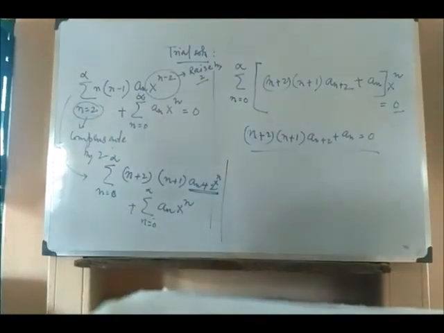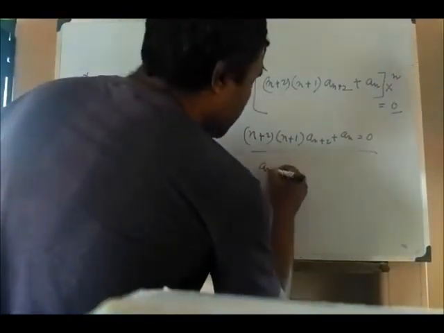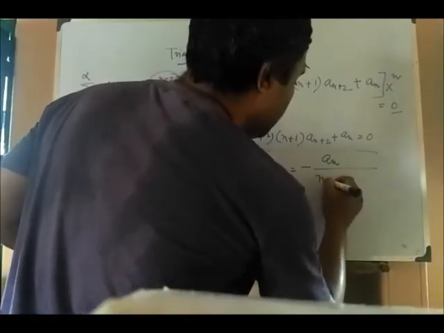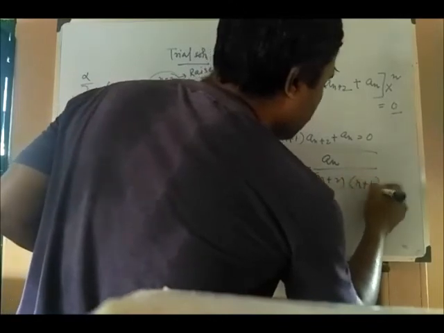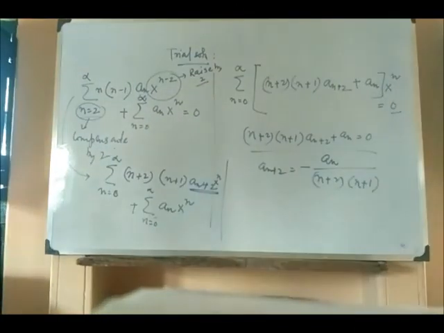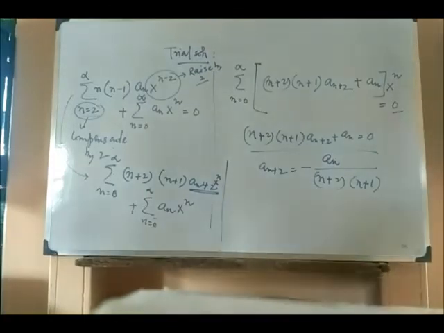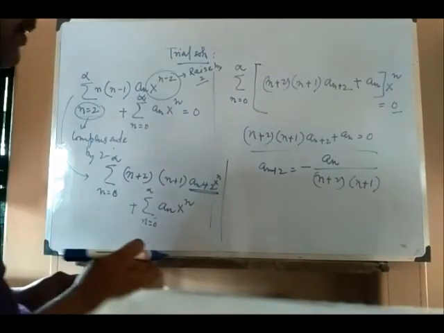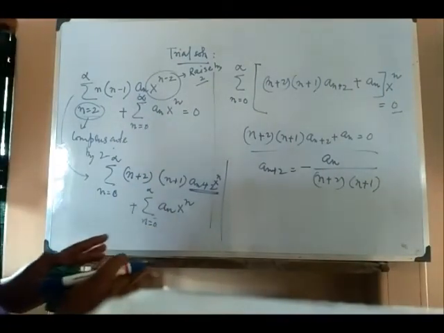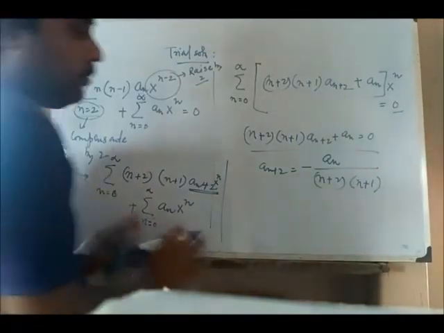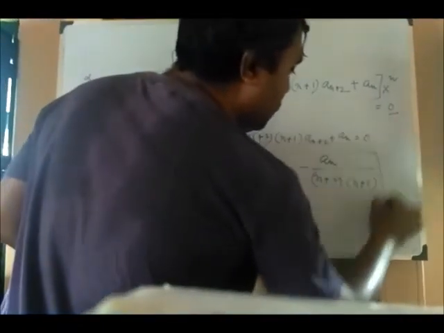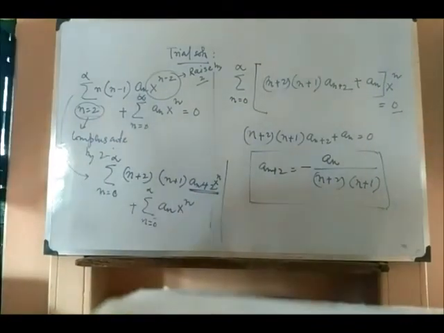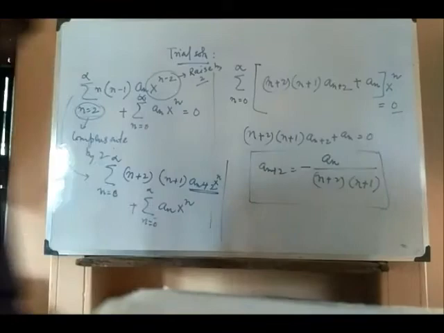So a_{n+2} can be written as minus a_n divided by (n plus 2)(n plus 1). We are reaching a very crucial point where we have a good relation between the coefficients of this power series, a_{n+2} and a_n.